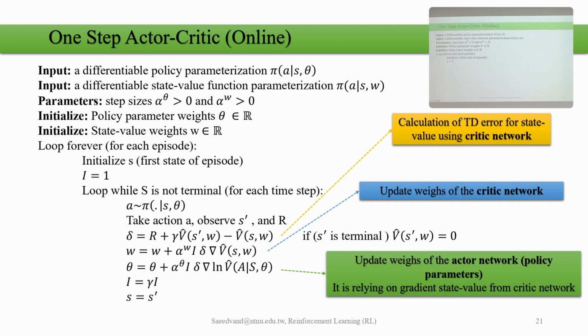We create a variable I, showing the iteration, kind of, as one. Then we create a loop for each step in the episode. So for each step we want to see one by one what's happening. First of all, we need to take the action. Action from where? From the policy network.